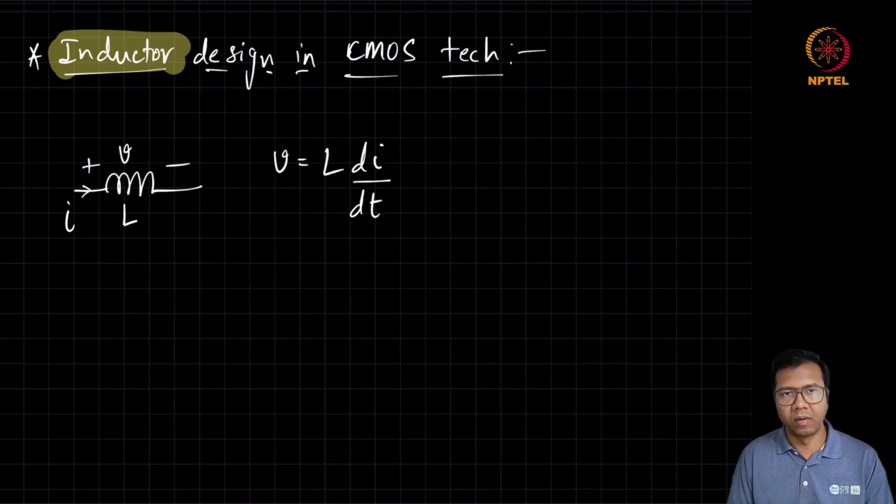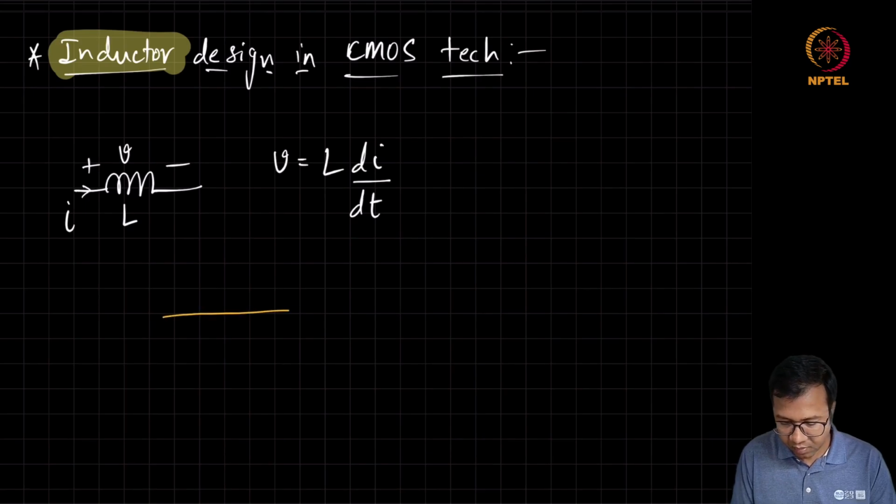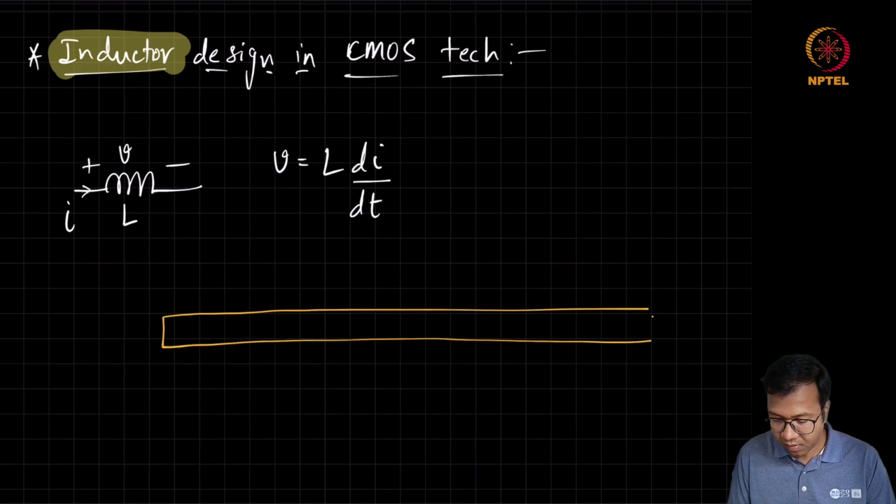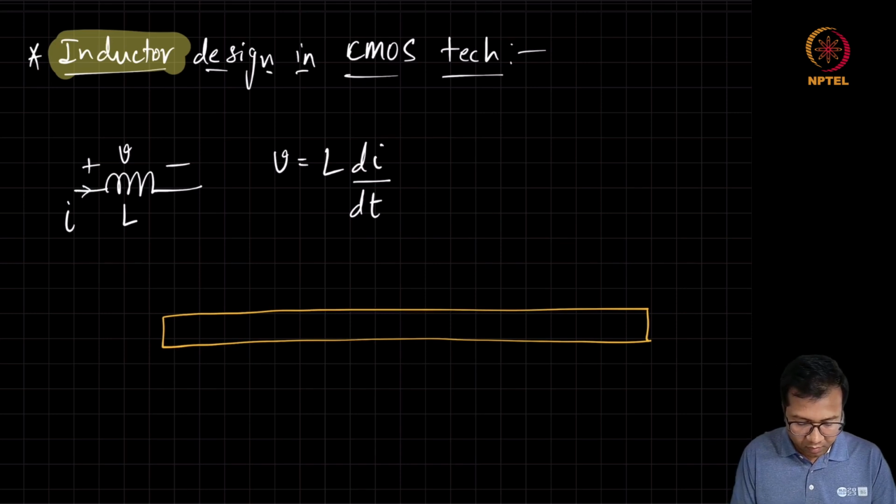When we talk about inductor design in a CMOS process, the simplest way we can try to realize an inductor is by just taking one of those metal layers which are available, drawing a thin line over there, and allowing current to flow.